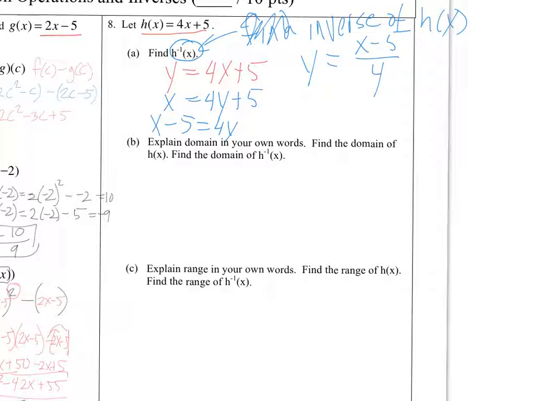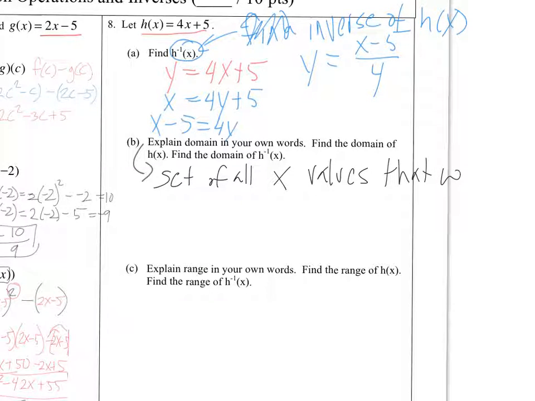Explain domain in your own words. In my own words, domain is the set of all x values that work. So for h of x, which is 4x plus 5, this is a linear function. There are no numbers I can plug in here that don't work.